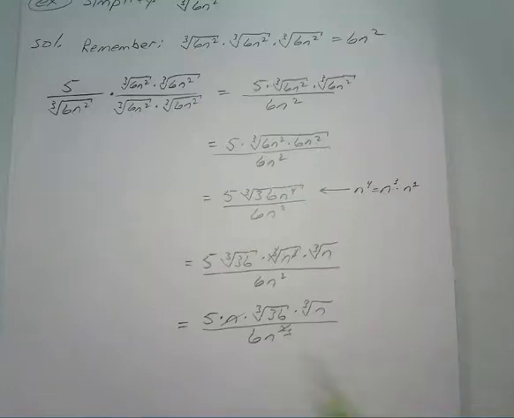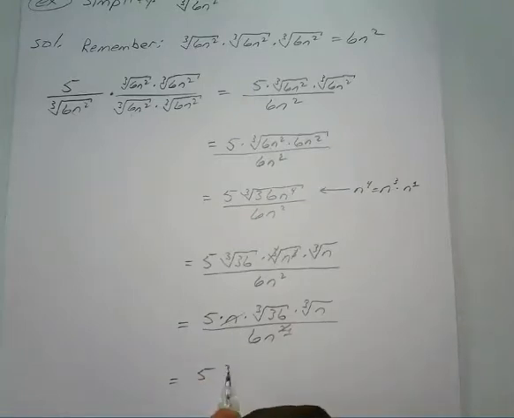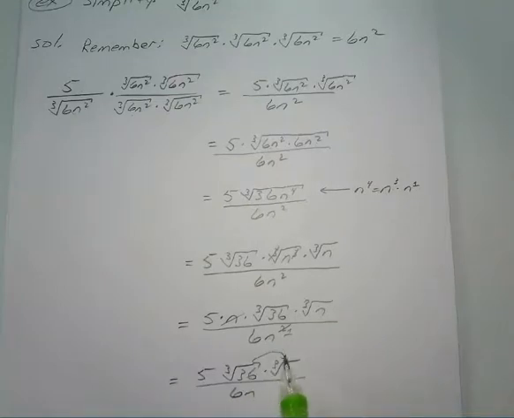So this cancels out with one of those n's there, which leaves us with 5. That n is already canceled out. So you have cube root of 36 times cube root of n, all over 6n. The only thing left that you can do really is just combine those two. So you have 5 times the cube root of 36n, all over 6n.